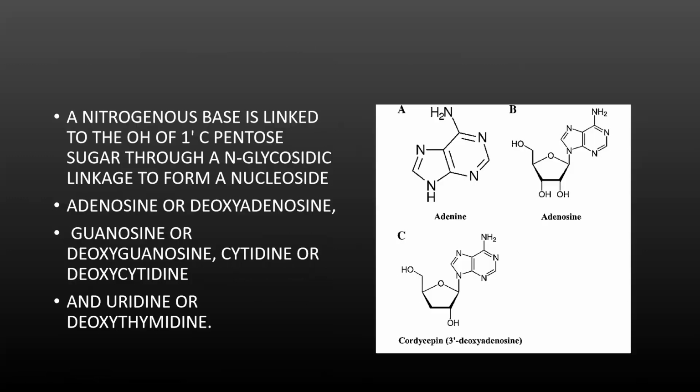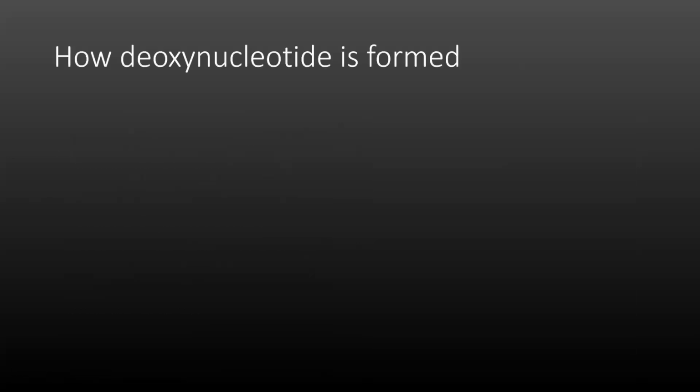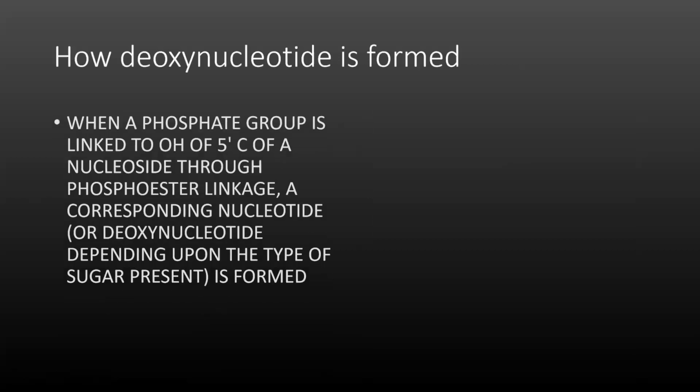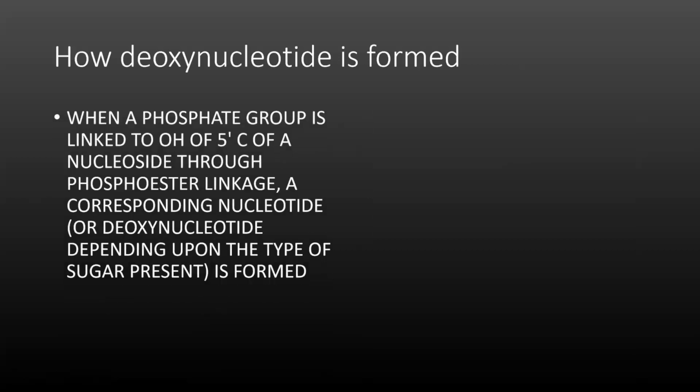Which linkage is present between nitrogen base and sugar? Between the nitrogenous base and sugar, it is a glycosidic bond. Whereas between phosphate and sugar, it is a phosphoester linkage. A corresponding nucleotide is formed.